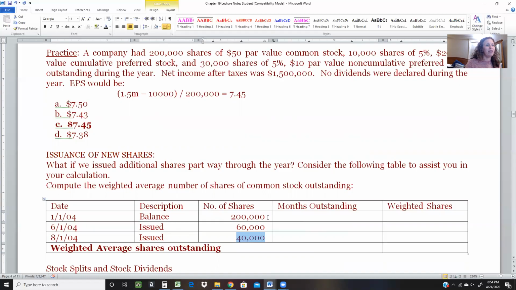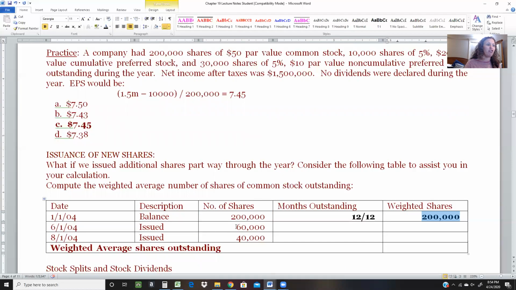So first I'm going to show you the way the book teaches you to do it, and it works completely. The other way though is to just find a monthly average. So basically these shares were outstanding for the entire year. So we're going to do 12 out of 12 right here. So that gives us 200,000 shares.